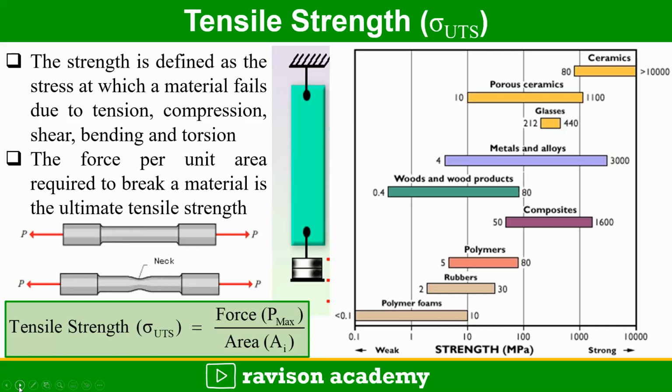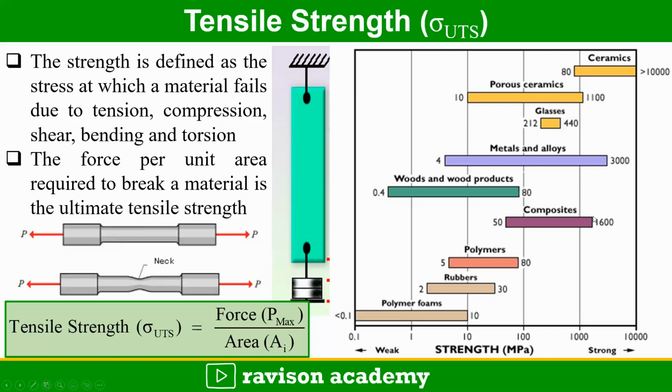So here we can see the strength of the different materials where polymers and foams register very low strength. We can tell it is a weaker material. Similarly, rubbers and some pure polymers are also weak. Once these polymers are employed to make composites, the strength is increased to the range of 50 to 1600 megapascal.